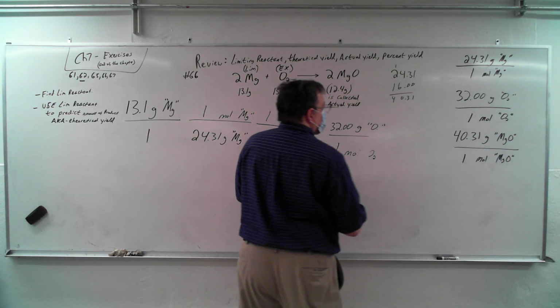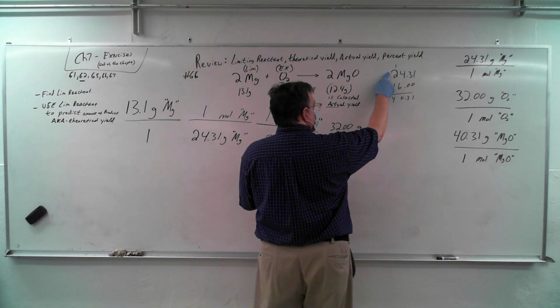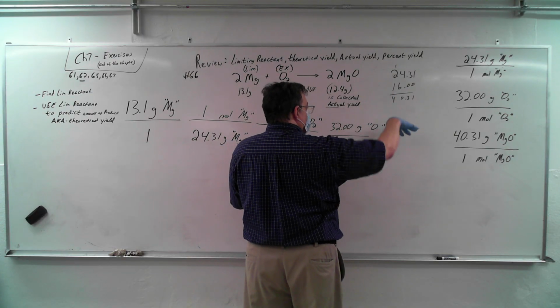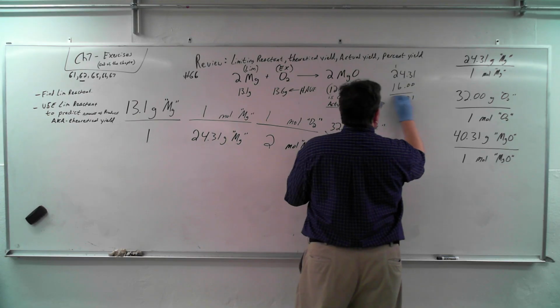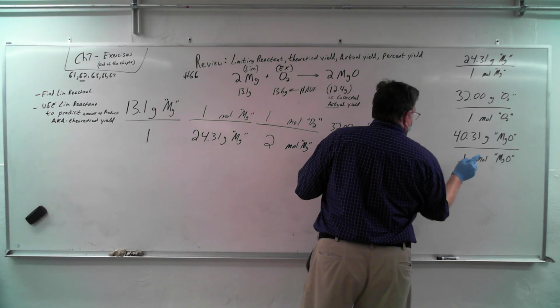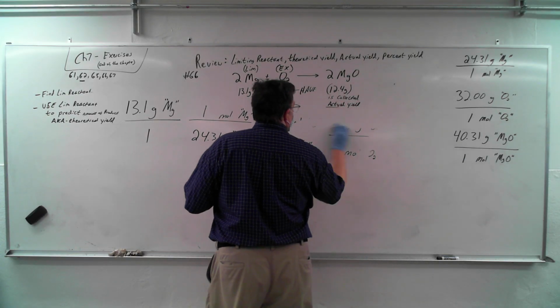So that's the grams per mole for MgO. There's one Mg, there's one O. Add them up, that's the grams per mole. Grams per mole of MgO.